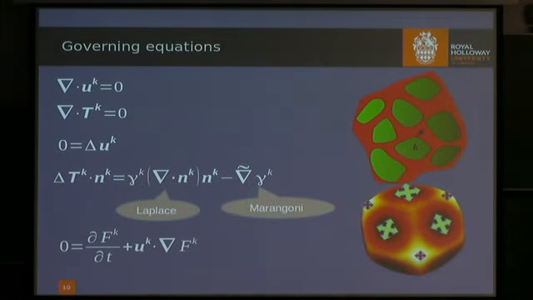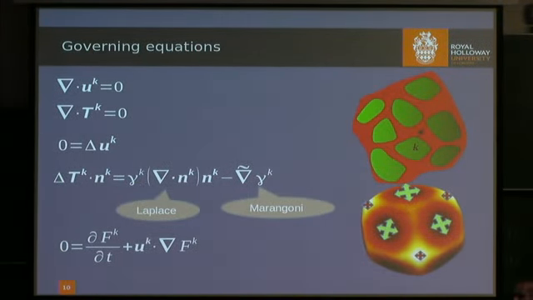So here is our approach on how we handle these equations. First of all, this is a very schematic diagram. We take a partially molten rock as something that behaves very similar to a suspension.